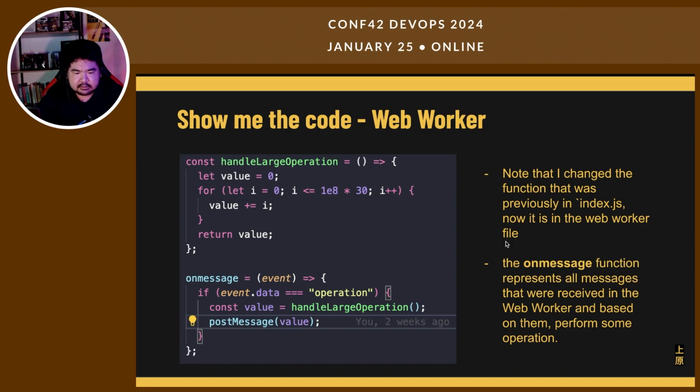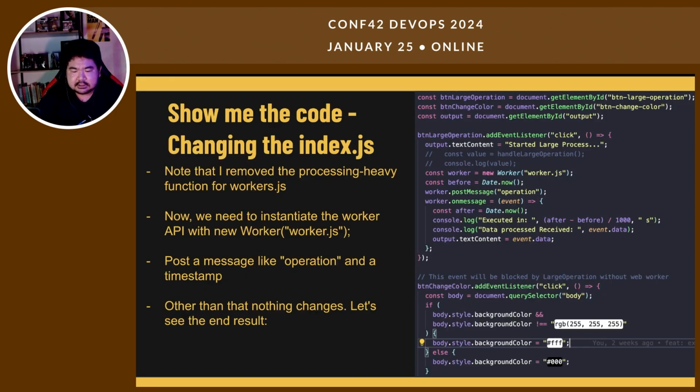Okay, so that's it. This is the file. Okay, and let's refactor the index.js. Here I'm instantiating the worker and passing the path of our file, worker.js.